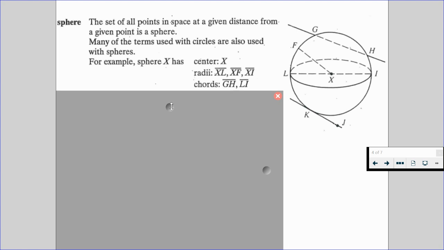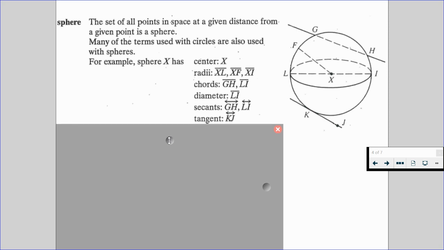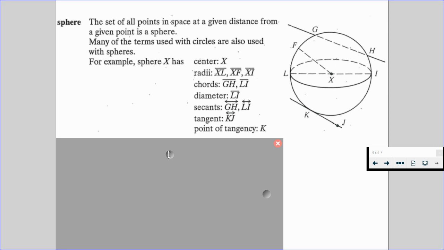They have chords of segment GH and segment LI. We have the diameter, which is segment LI as well. We have some secants: lines GH and LI. We have a tangent line, which is line KJ. And we have a point of tangency, which is point K.